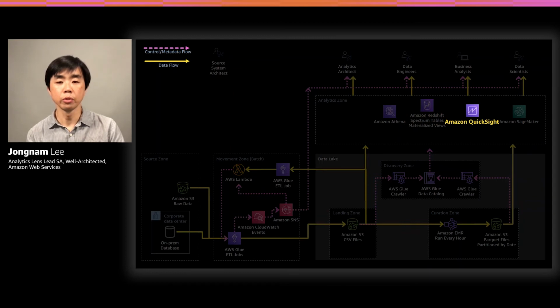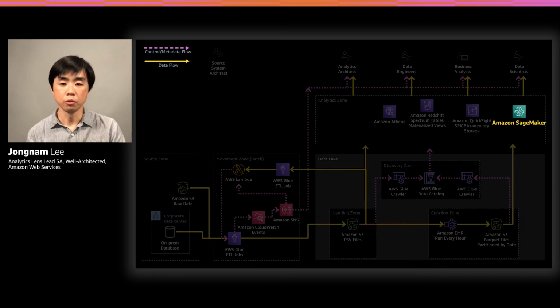Going to Amazon QuickSight, what that means is you can think about the SPICE in-memory storage instead of directly calling Amazon Athena or S3 from QuickSight for better performance. If you use Amazon SageMaker, in this case, you may think about the NVMe SSD volume for faster performance.